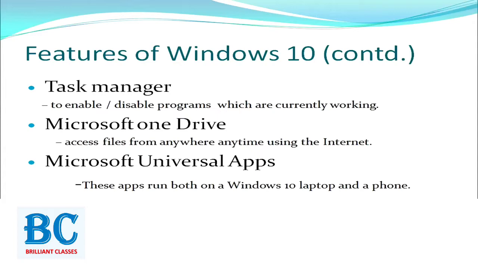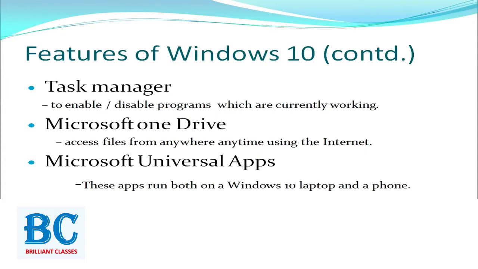Windows 10 also offers easy backup and wireless networking facility. It has a very user-friendly file explorer. We will be learning about this file explorer in detail. It is used to create and manage files and folders. Windows 10 is much more secure as compared to previous versions that have been launched by Microsoft. It has a task manager which disables programs which are currently working.